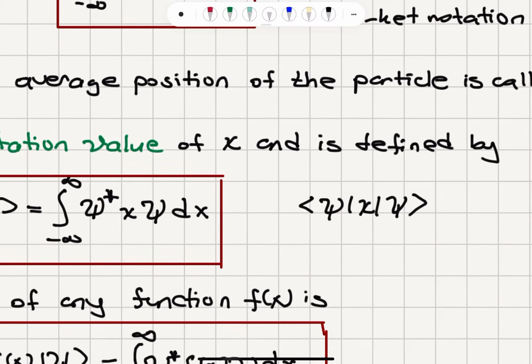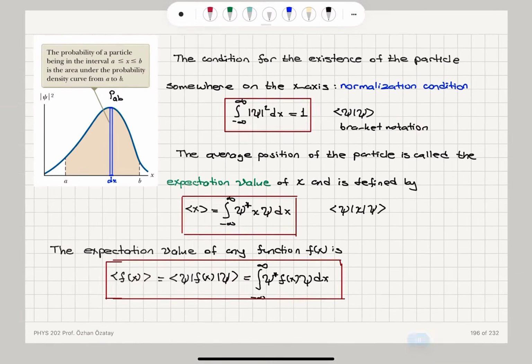And using the bra-ket notation, psi star is basically the bra, and then we have x, and then we have the ket psi. So using bra-ket notation, if you see this, that implies we're looking at the expectation value of the position.